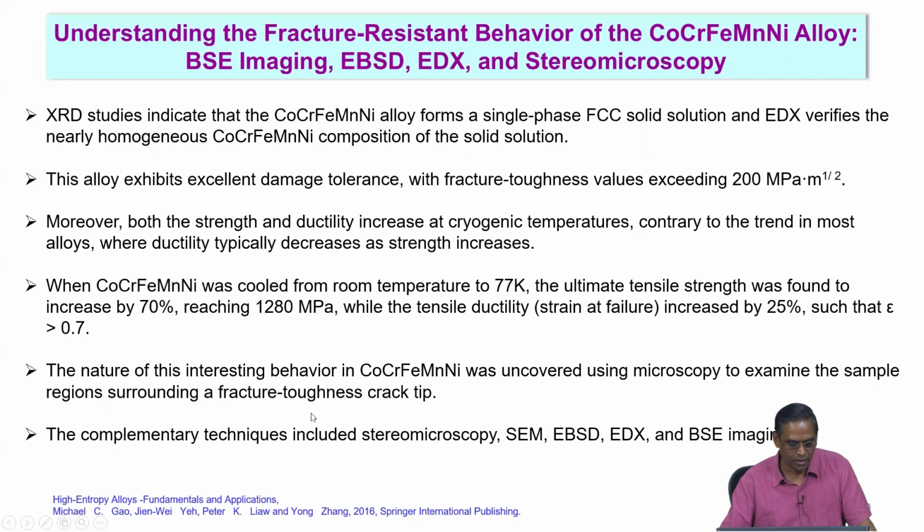So we are looking very closely at the crack tip, how the crack grows, right? And we are not just looking at the general characterization here. General characterization is anyway done, but our interest is to capture why the fracture toughness is very high. So the complementary techniques we are including are stereo microscopy, SEM, EBSD, EDS and BSE imaging.